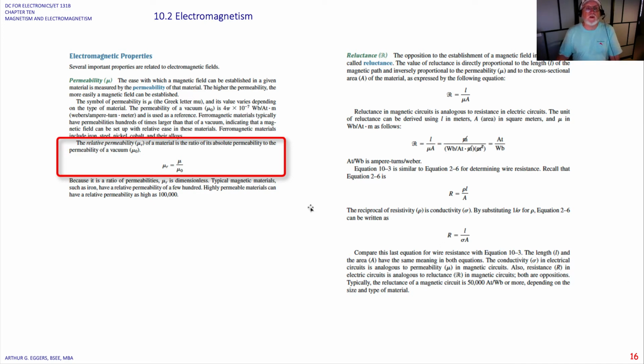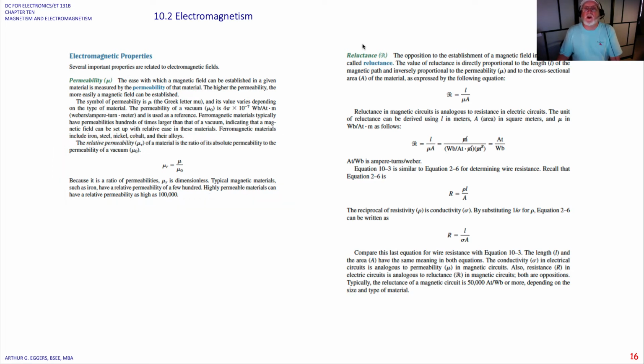So mu divided by mu naught gives us the relative permeability mu r. Because it's a ratio of permeabilities, again, mu r is dimensionless. Typical magnetic materials such as iron have a relative permeability of a few hundred. Highly permeable materials can have a relative permeability as high as 100,000. So there's our first term.